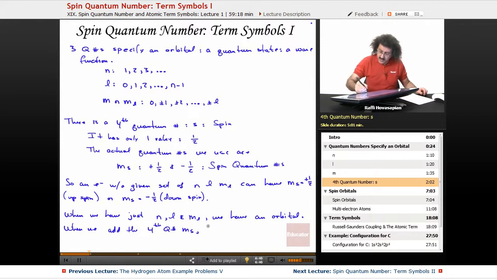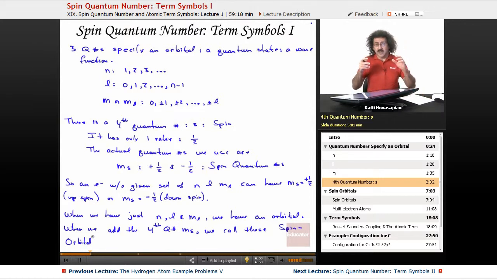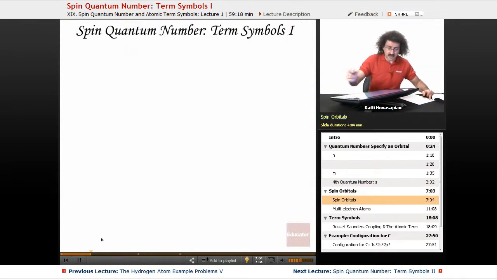We call these spin orbitals. That's it. A spin orbital is just an orbital that actually includes that fourth quantum number. Okay. So let's go ahead and change here.